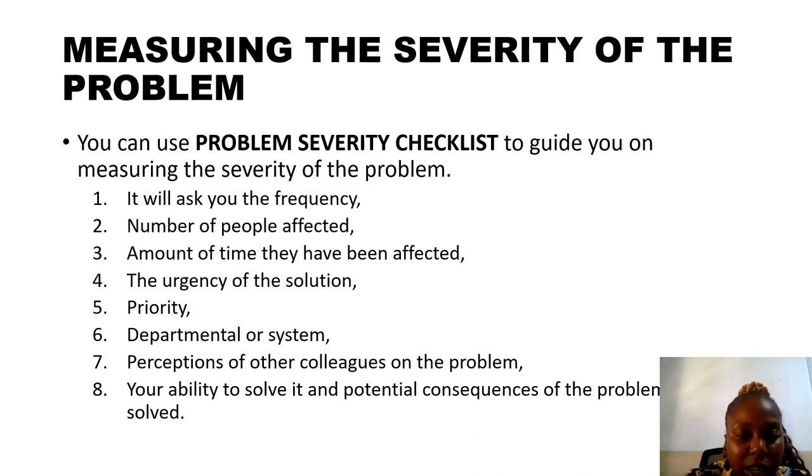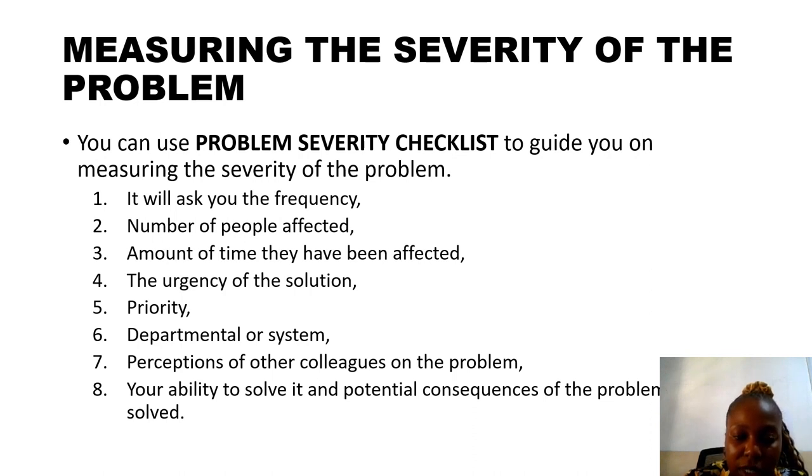Then priority: is it a priority problem for now, or can it be dealt with later? Does the problem affect your own department alone, or different types of departments, or the whole system? Also you would want to know the perceptions of other colleagues on that problem, and your ability to solve it. Are you able to solve it, or does it need someone else?